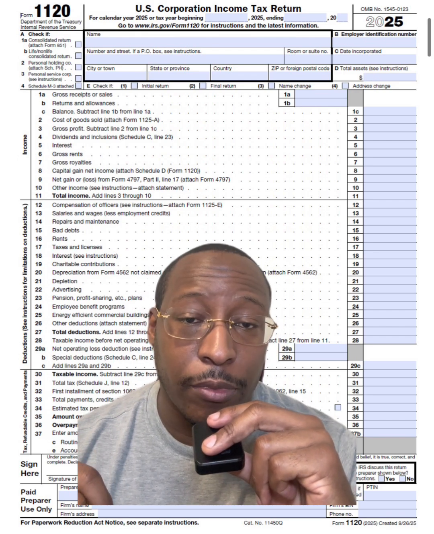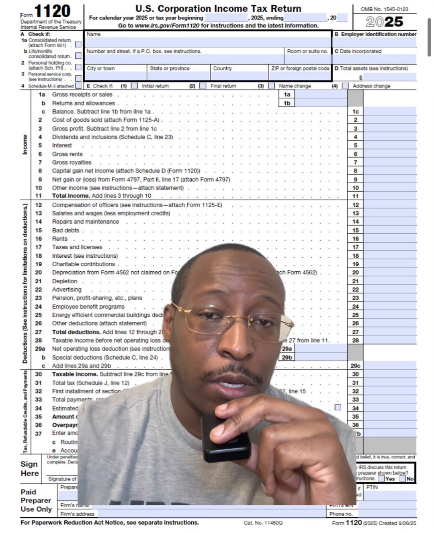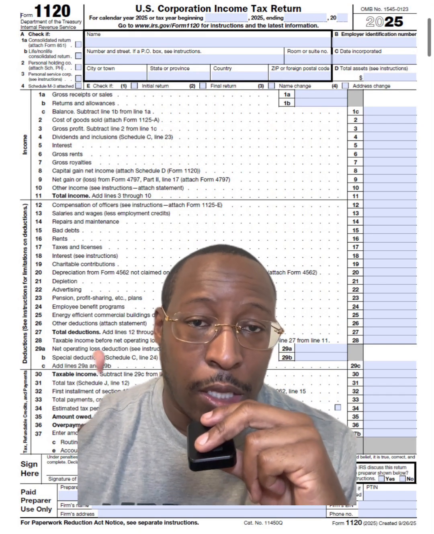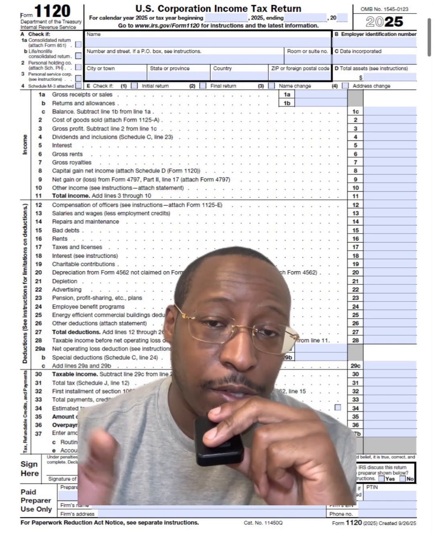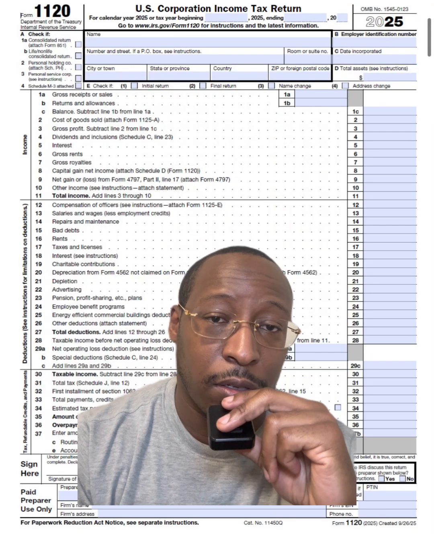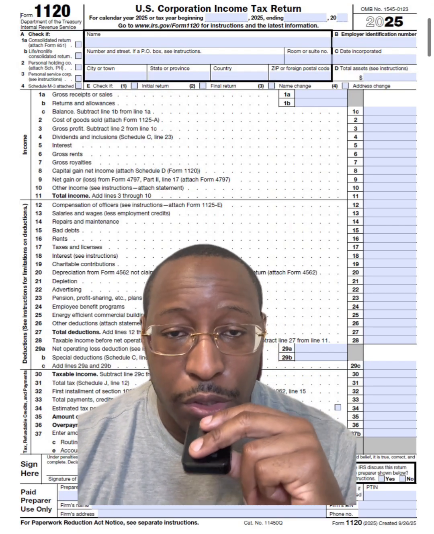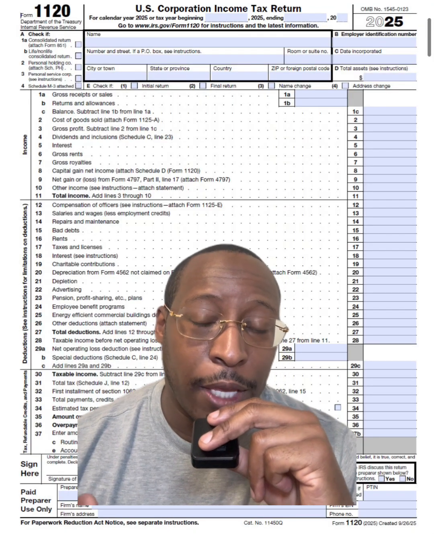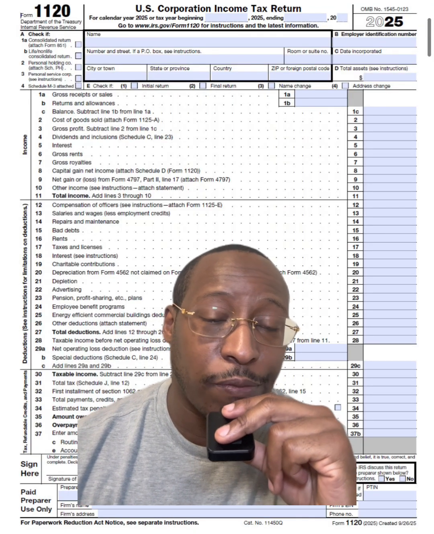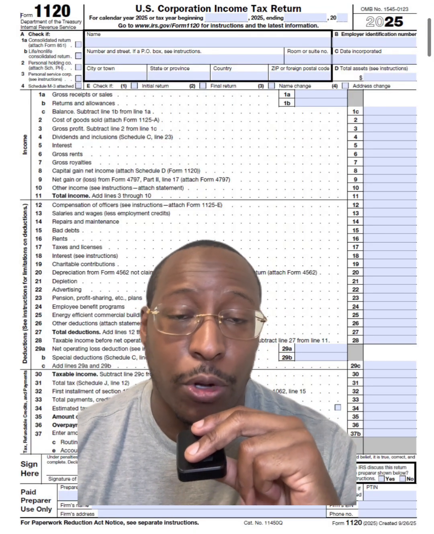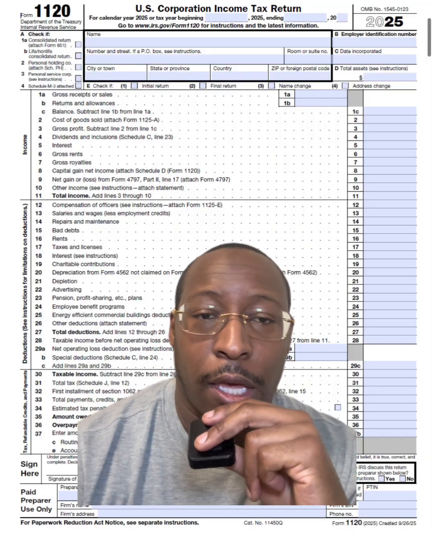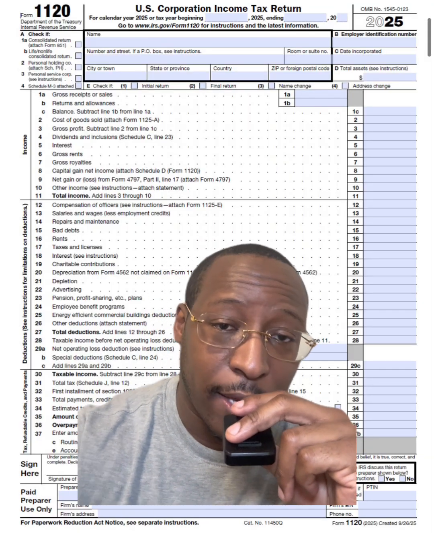So again, guys, when you file an 1120 for the C corporation, the profits get taxed there. Then part of the profits gets shifted to the shareholders, which is called distributions. When the shareholder goes to file their own tax returns, they will report that on the Schedule D, capital gains, which will be taxed as well.